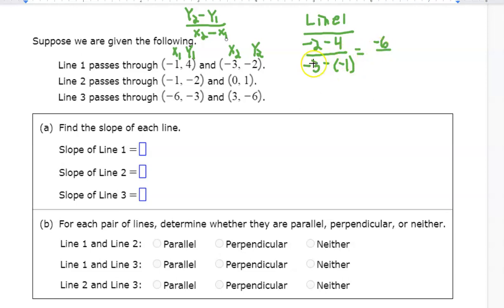And -3 minus -1 is -2. That's going to simplify down to +3 over 1 or simply 3. I'm going to keep this in mind here, okay? Because if I have a negative reciprocal, it's going to be easier to see if I remember that's 3 over 1.